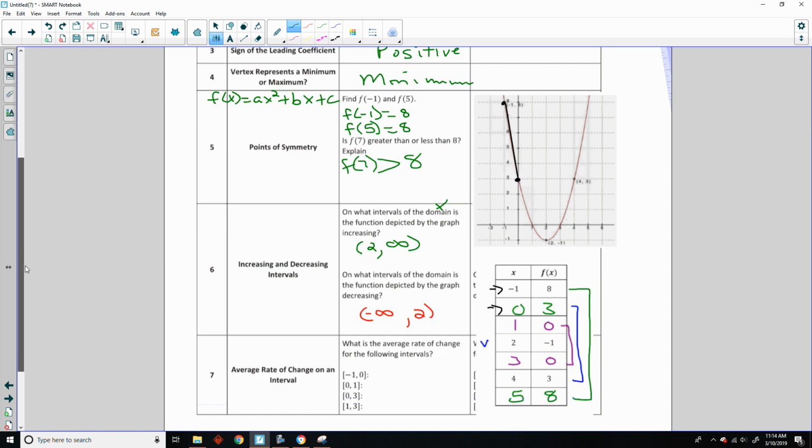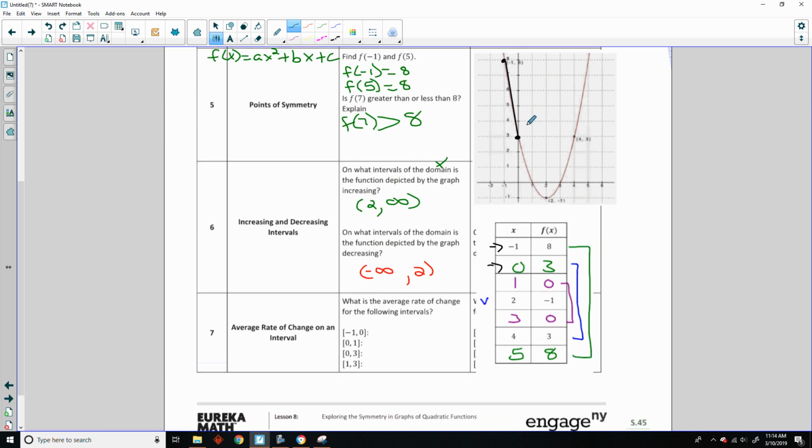That's basically average rate of change between 2 points. So I went down 1, 2, 3, 4, 5 over 1, so my average rate of change is -5.